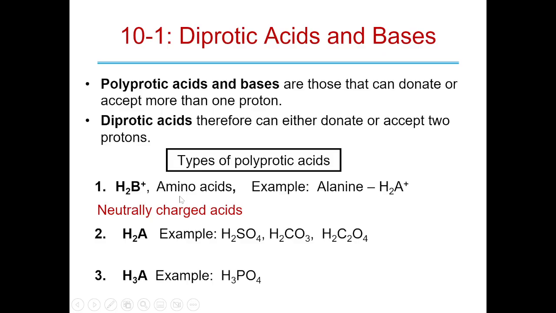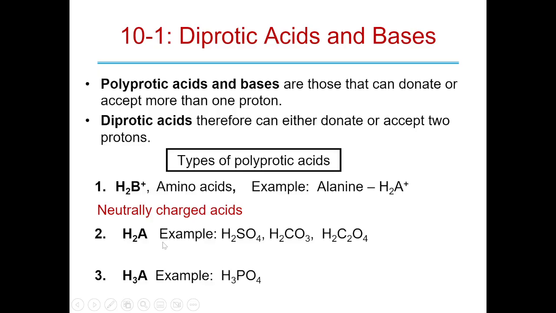Right here we see things like amino acids, like alanine, right? They can have two hydrogens attached to them. Those are charged diprotic acids. Everybody's aware of that, right? You can put a proton on the amine portion of the amino acid, and they can be doubly protonated, and that would be a diprotic acid.